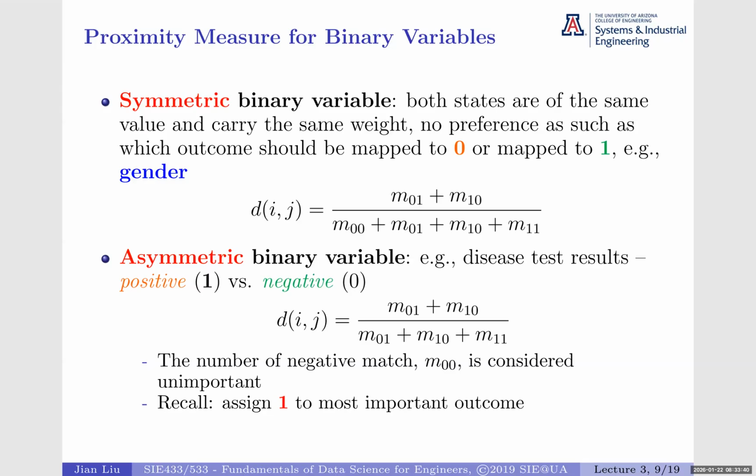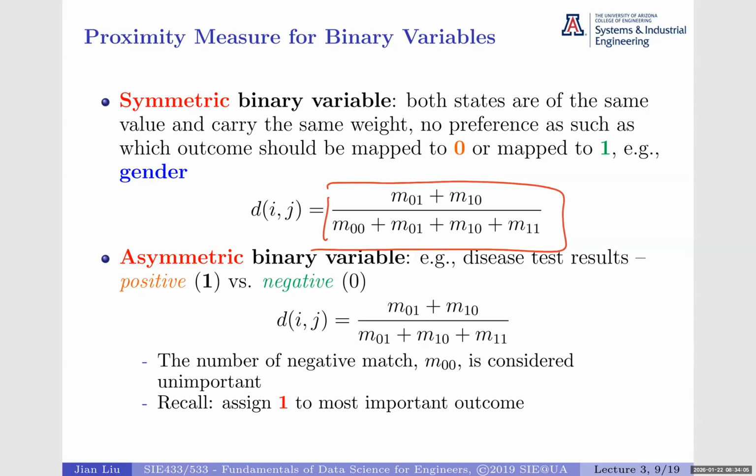In that case, all those 4 numbers matter. And this is how we define the dissimilarity or distance between the 2 data objects that are modeled by all the P symmetric binary variables. For example, gender is one, right?